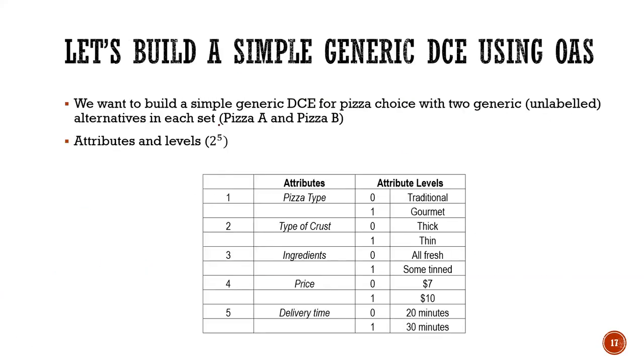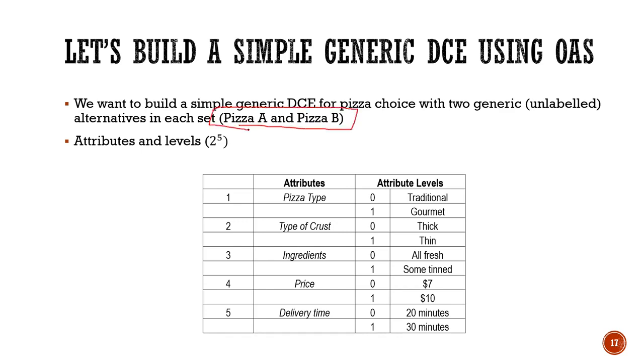All right. Next is a demonstration of a very simple design for a discrete choice experiment, to illustrate how presenting the information in a DCE would differ from that in a conjoint analysis. So let's take the example of pizza. There are two pizza brands.